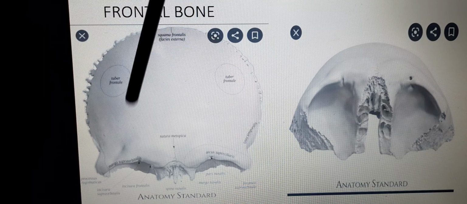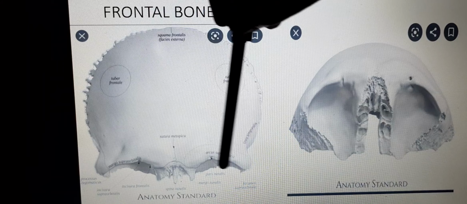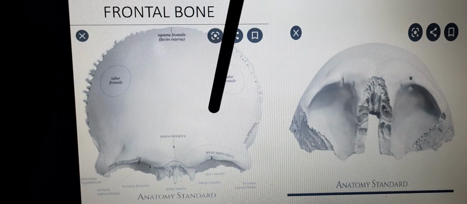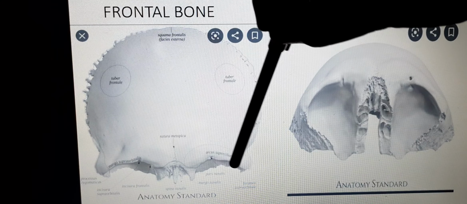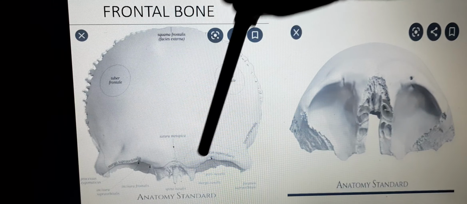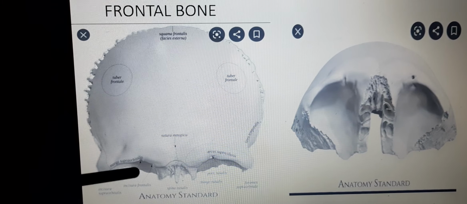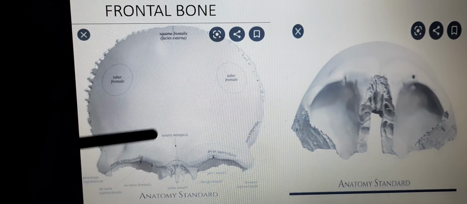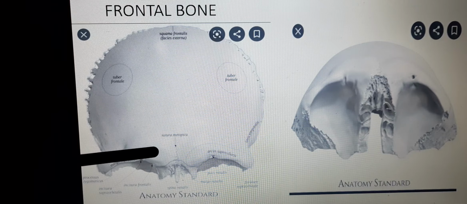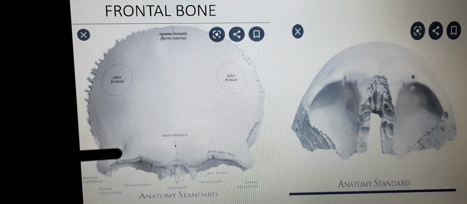The part of bone which is present between the squamous part and orbital part is called supraorbital margin, and just above the supraorbital margin there is an arch-shaped elevation of bone known as superciliary arch.